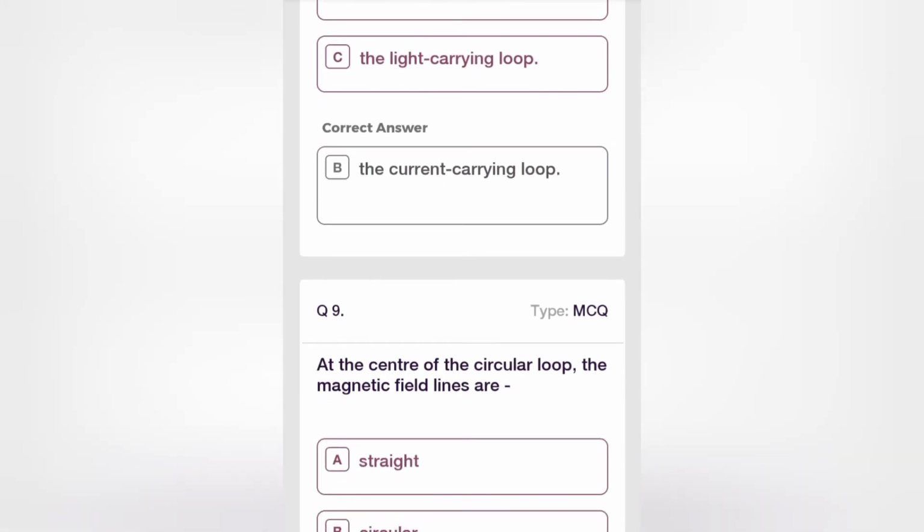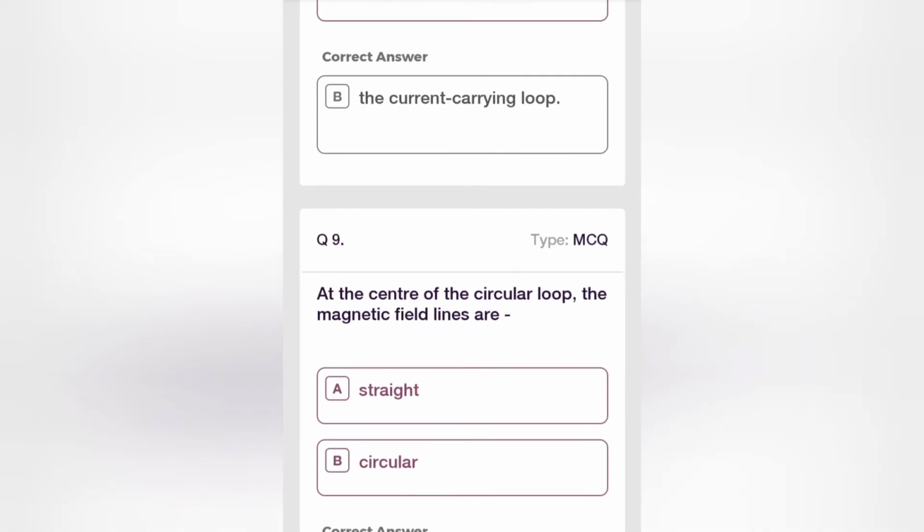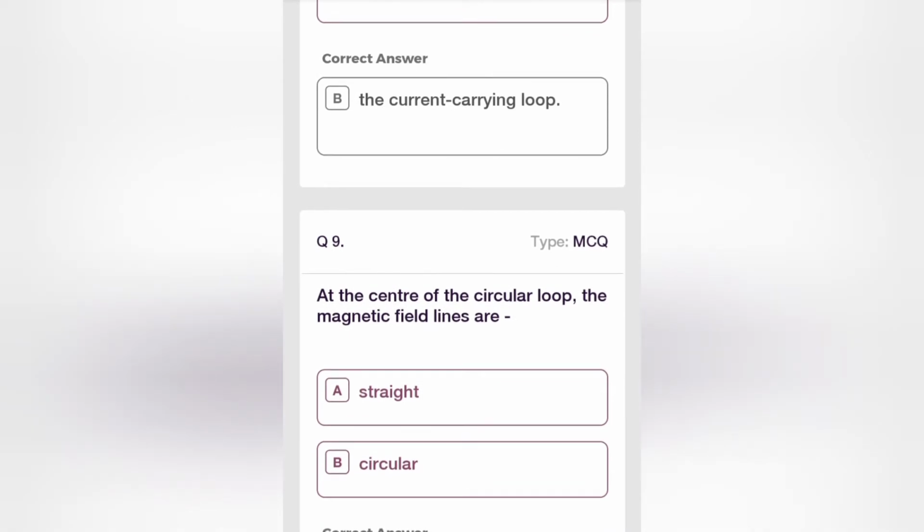At the center of the circular loop, the magnetic field lines are. How are they? See here, this is the circular loop, you think a circular loop, and we are passing the current. So the current goes like this and it comes, rotates, the current moves and it goes this way.